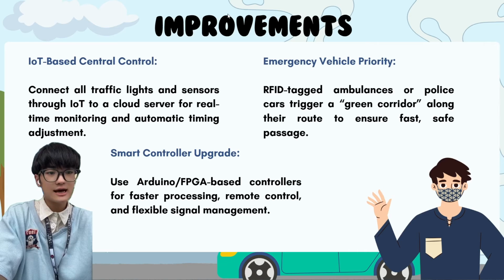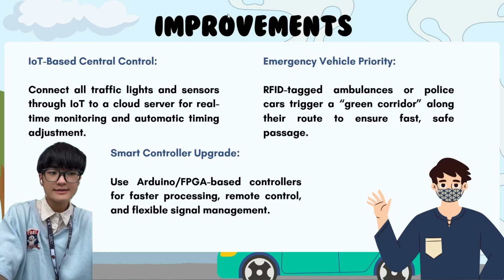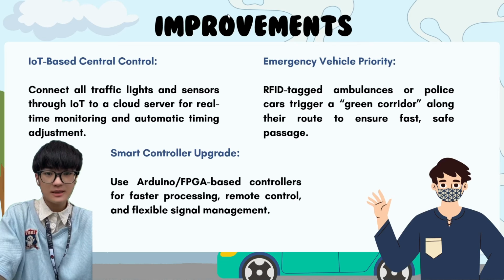First of all is IoT-based central control: connect all traffic lights and sensors through IoT to a cloud server for real-time monitoring and automatic timing adjustment.